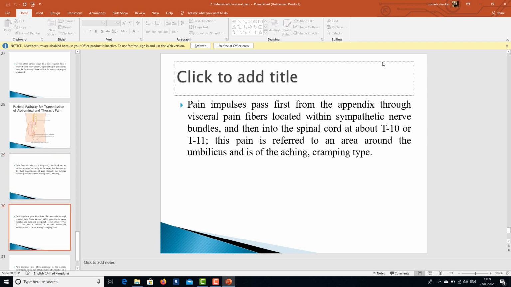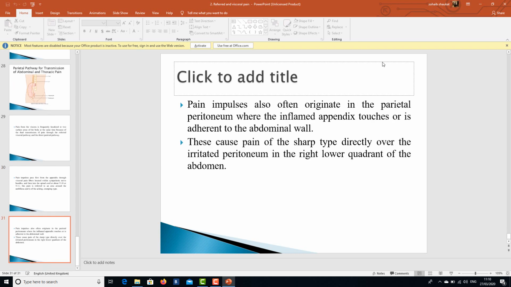Pain impulses pass first from the appendix through visceral pain fibers located within sympathetic nerve bundles and then into the spinal cord at about T10 or T11, and this pain is referred to an area around the umbilicus and is of a cramping, dull, aching type. So you should keep this term appendicitis and umbilical region in mind for scenarios.